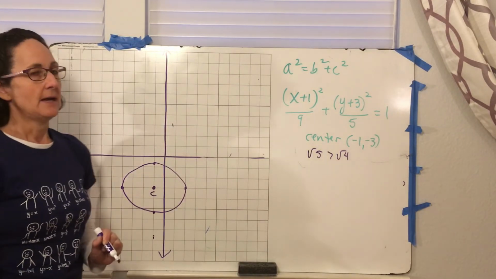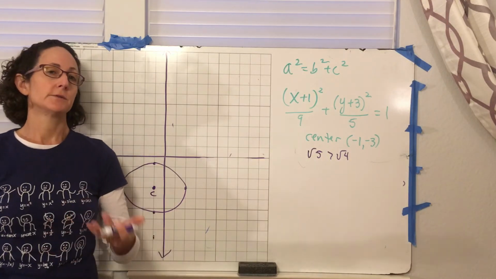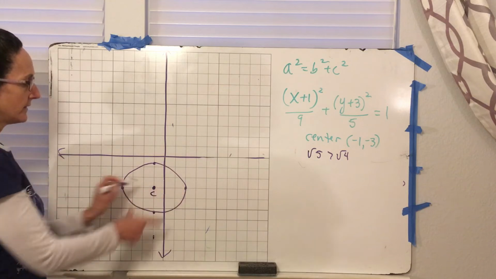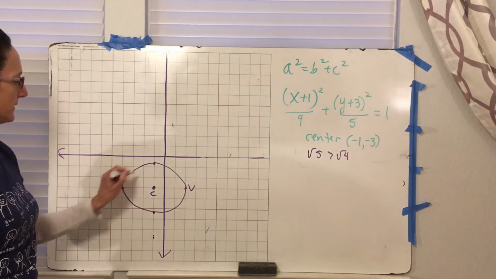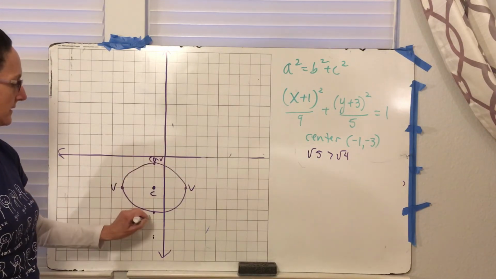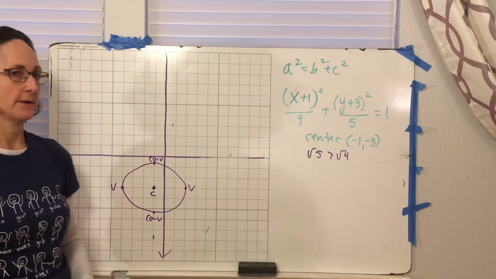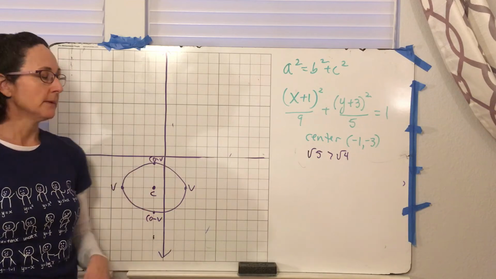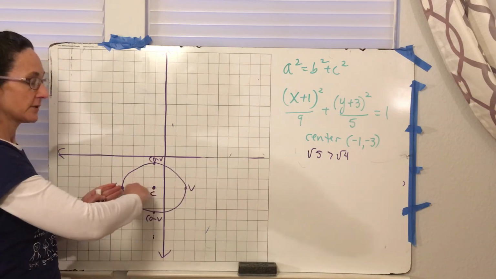Now I want you guys to label which ones are the vertices and which are the co-vertices. Remember, the vertices are the longer ones, so it's longer this way. Vertex, vertex, co-vertex, co-vertex. The thing you have to add to the picture now are the foci. Remember, the foci are always in the same direction as the vertices.